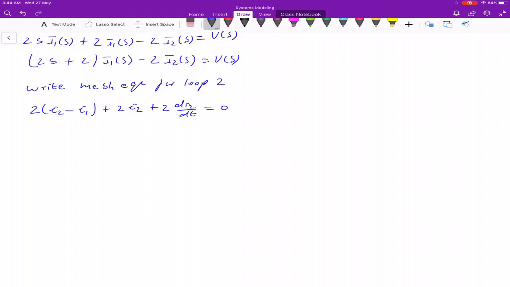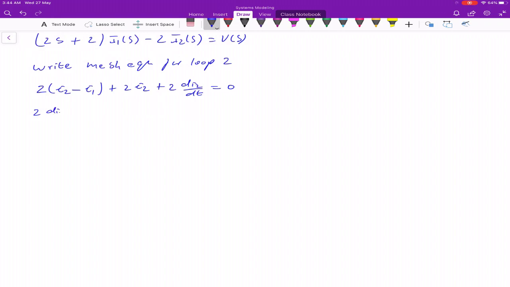I'm just going to expand this bracket: 2 di2 dt plus 2 I2 minus 2 I1 plus 2 I2. It's equal to 0, and we apply the Laplace transform.